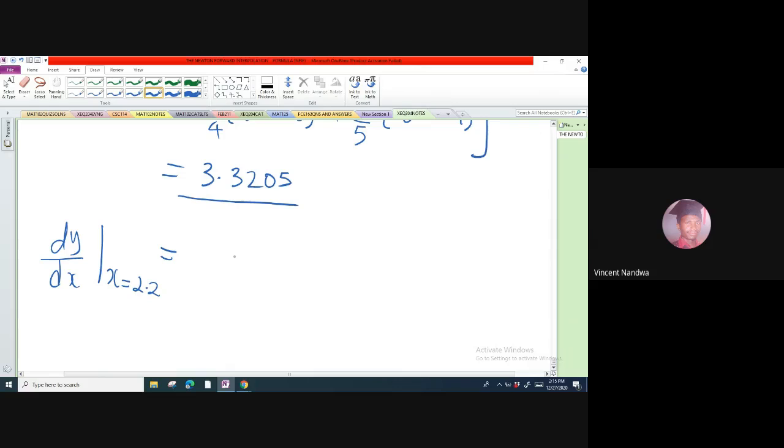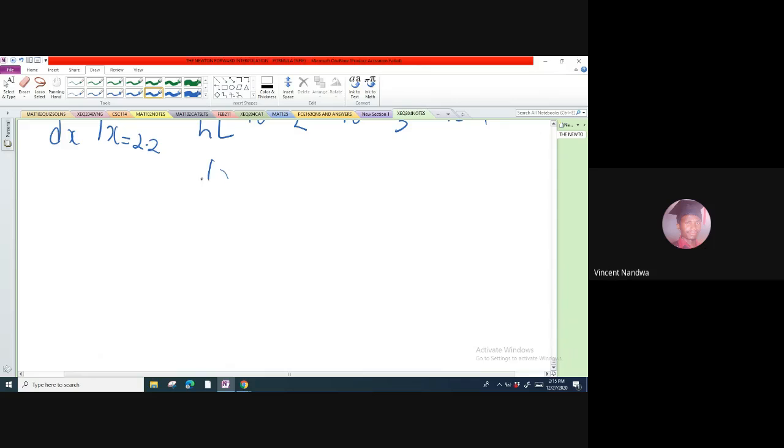So the formula is 1 over h into f naught plus a half, plus a third, plus a quarter, plus a fifth, plus a sixth.